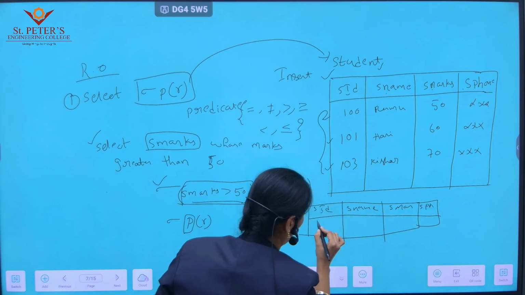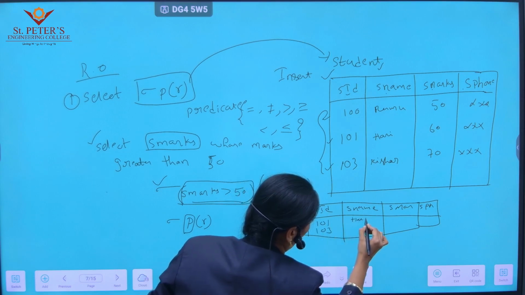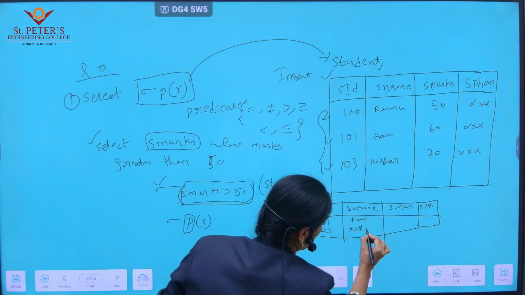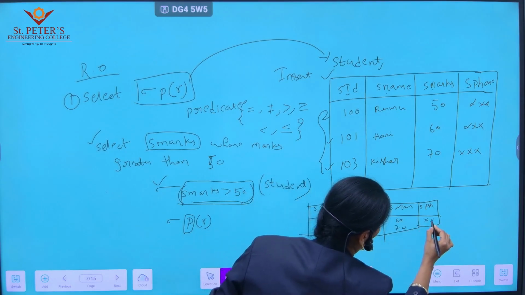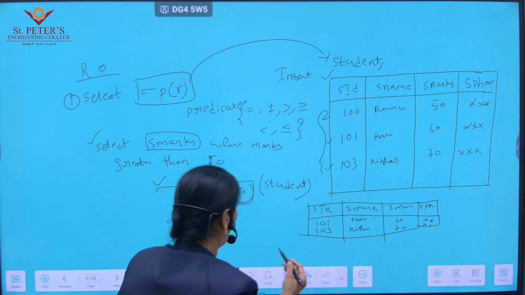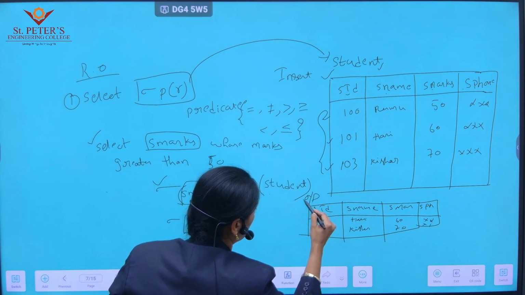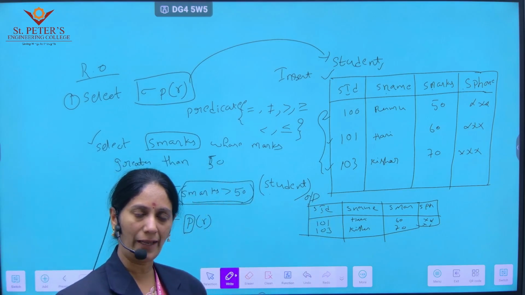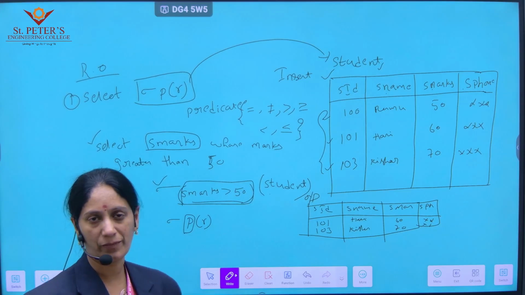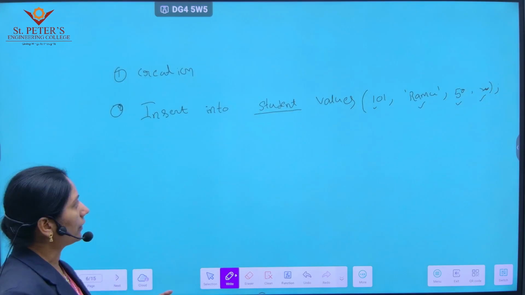Student IDs 101, 103, names Hari, Kishore, marks 60, 70, and phone numbers. Whenever we execute this query, these are the output of the statement. Clear? First operation is done, the select operation. Clear?